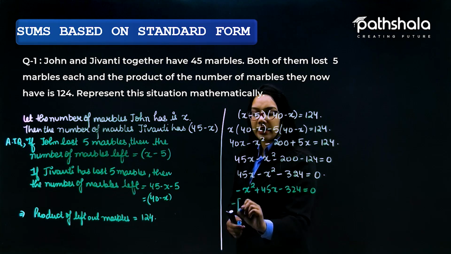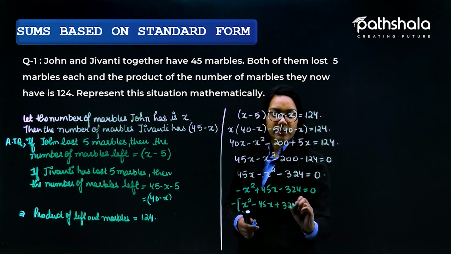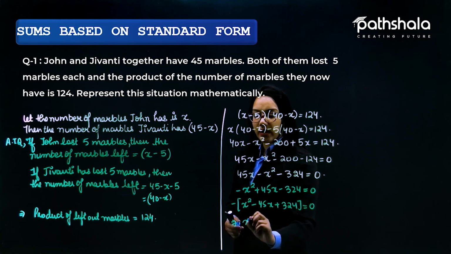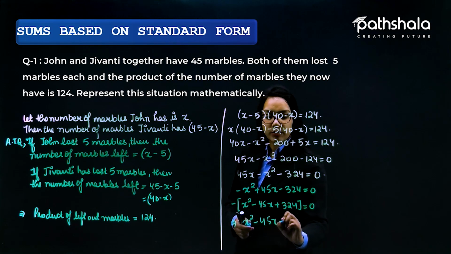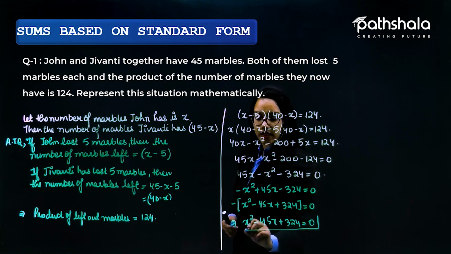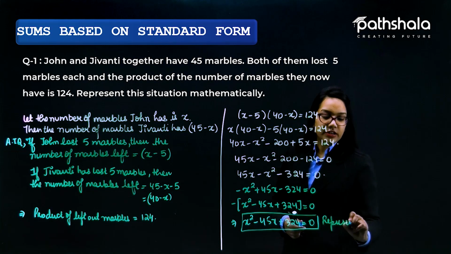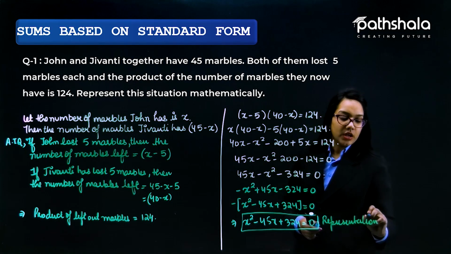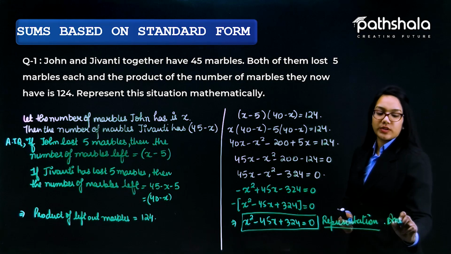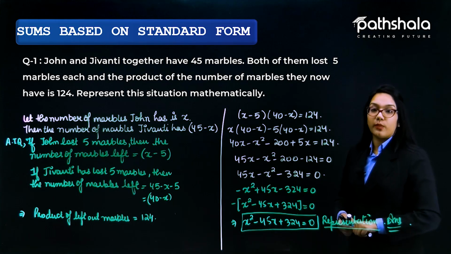Let us take a negative common. So this is x square minus 45x plus 324 is equal to 0. Taking the negative to the other side, x square minus 45x plus 324 is equal to 0 is nothing but the representation in mathematical terms of this particular situation given to us, and this is our answer for this question.